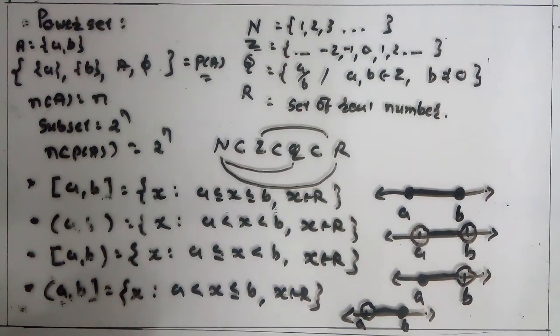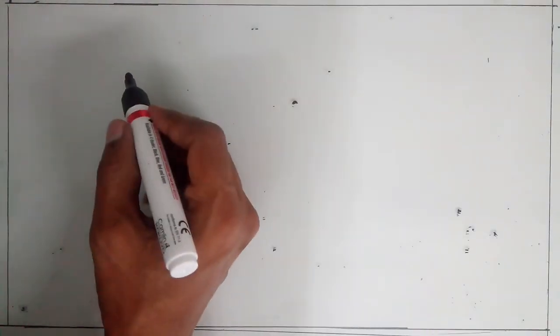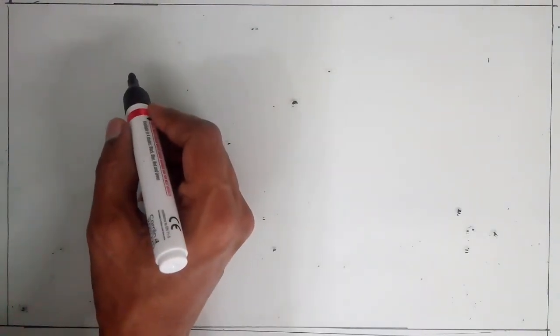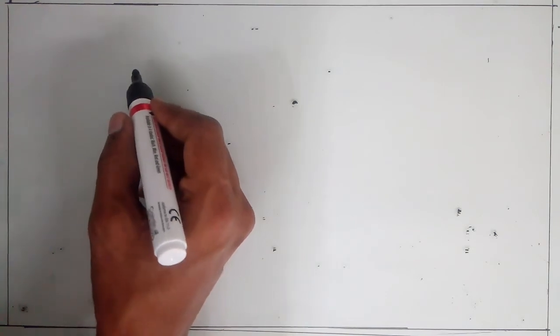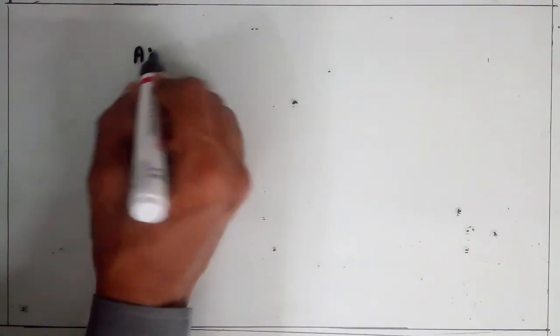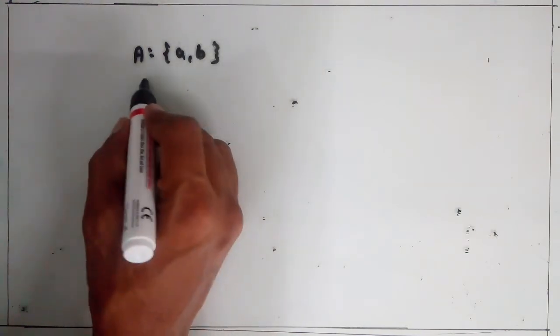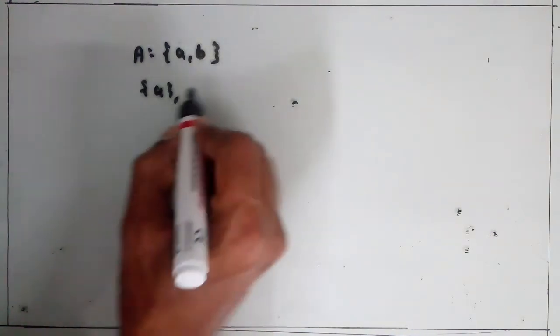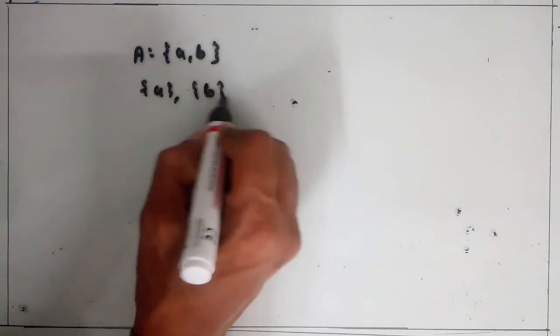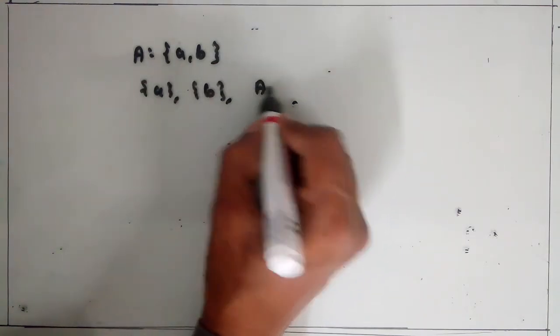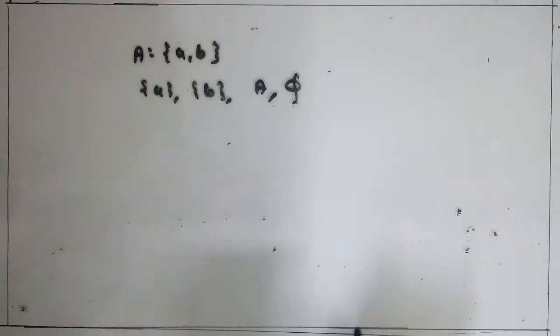Now here we think about subsets. There are two types of subsets. Remember this. In the case of set A = {a, b}, the subsets are {a}, {b}, A itself, and a null set.